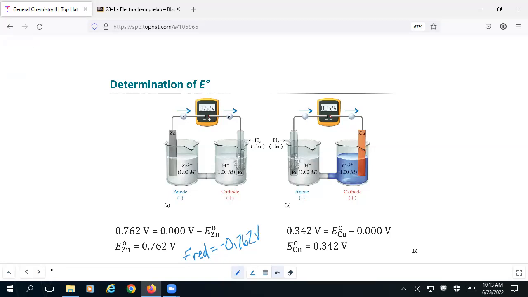And so if I were to put the zinc and the copper together, copper, since it has the more positive reduction potential, would be the cathode. Zinc, with its more negative reduction potential, would be the anode.